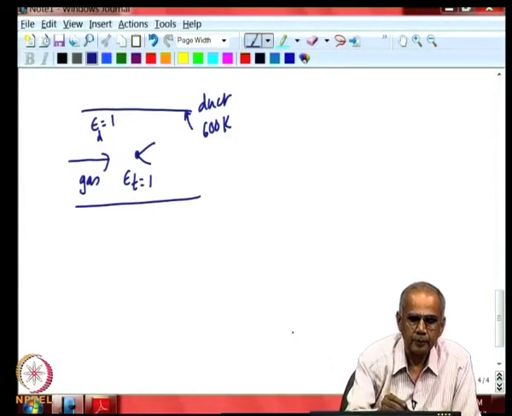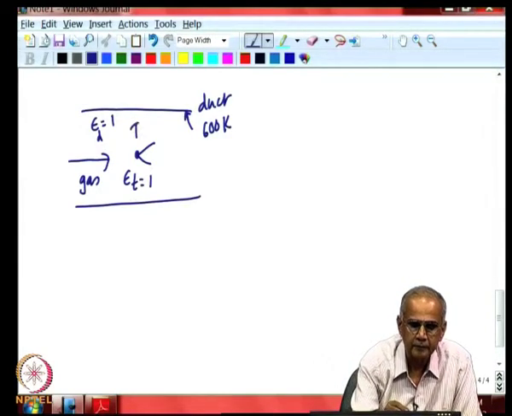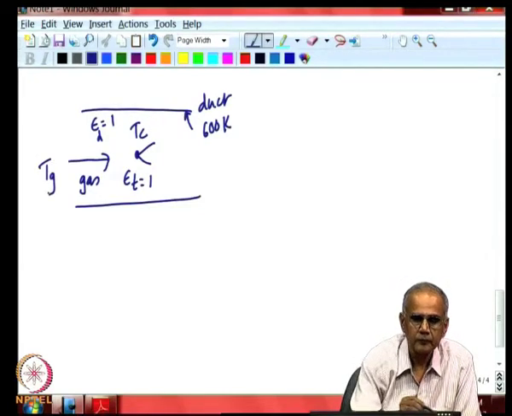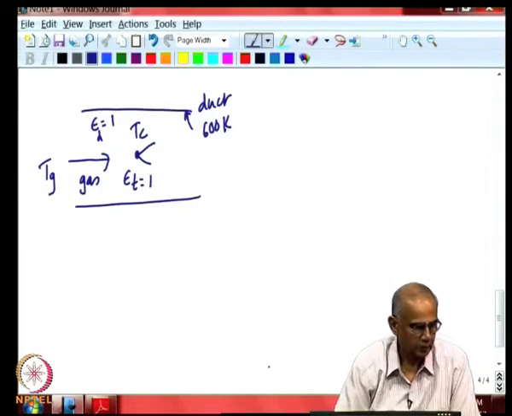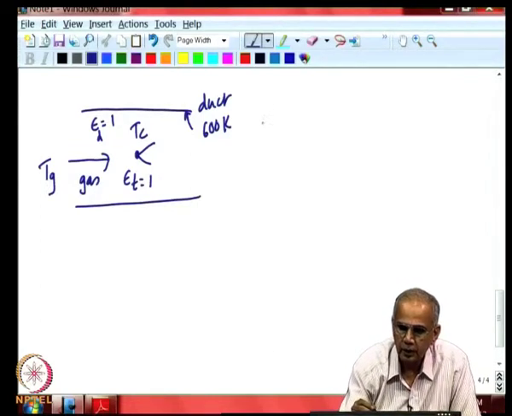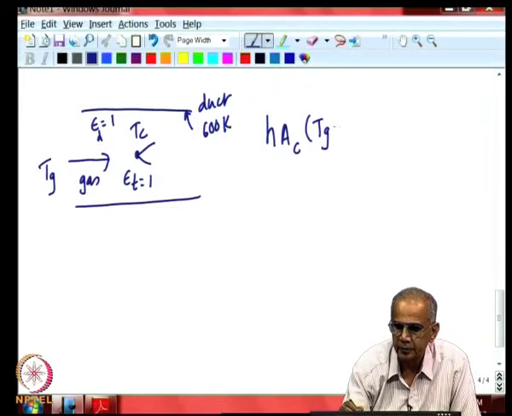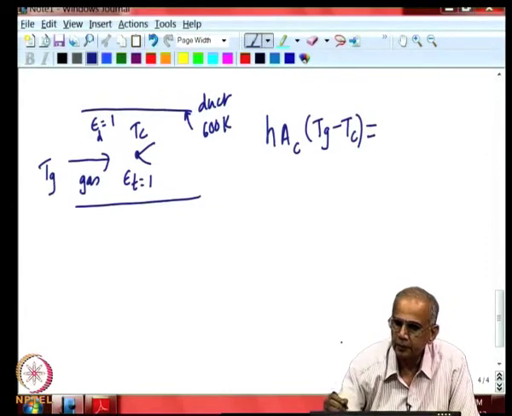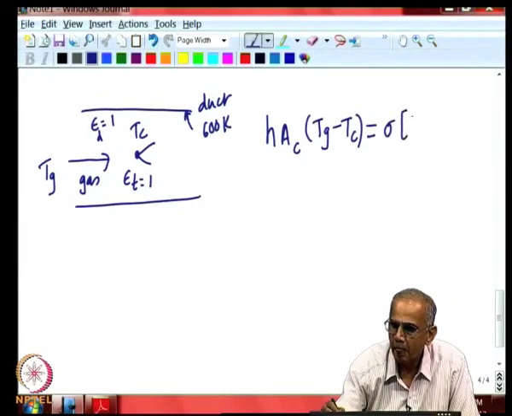But the temperature recorded by the thermocouple, Tc, will not be equal to Tg. Why is that? That is because the heat transfer from the gas to the thermocouple is by convection, which can be written as h into the area of the thermocouple into (Tg minus Tc), and this has to balance the heat loss by the thermocouple to the duct.